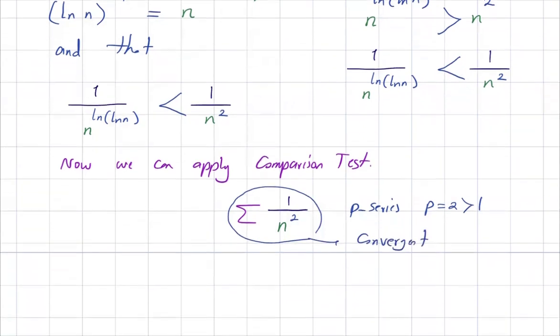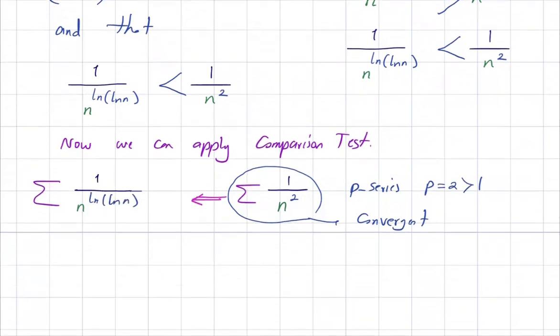What's the meaning of that? It means that the smaller series must be convergent as well. So the summation of 1 divided by n to power ln of n must be convergent as well.